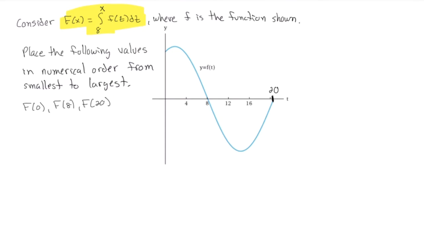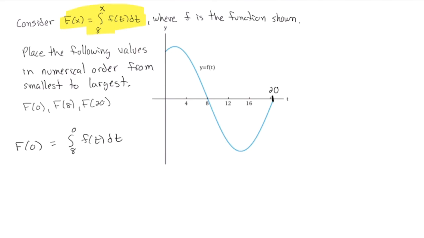All right, so what I want to do is take a look at each of these values separately, and then put them in numerical order. If I'm finding cap F at 0, let's think about what that's representing. As an integral, we're going from 8 to 0 of f of t dt. Now, suppose I was going from 0 to 8.